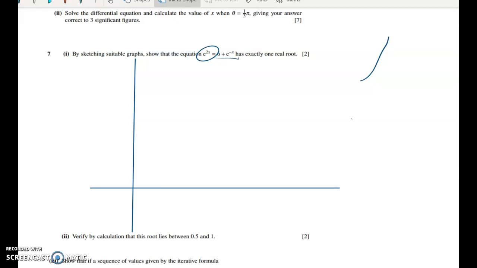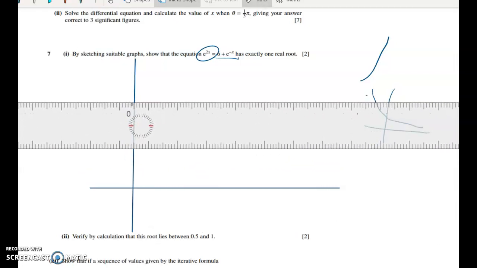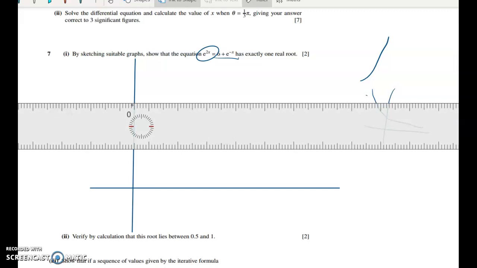And we know that e to the negative x looks roughly like this. And so 6 plus e to the negative x is going to have an asymptote up at 6. So we'll do 6 plus e to the negative x first. Here's the ruler. So let's put that in at 6. So that's an asymptote there.